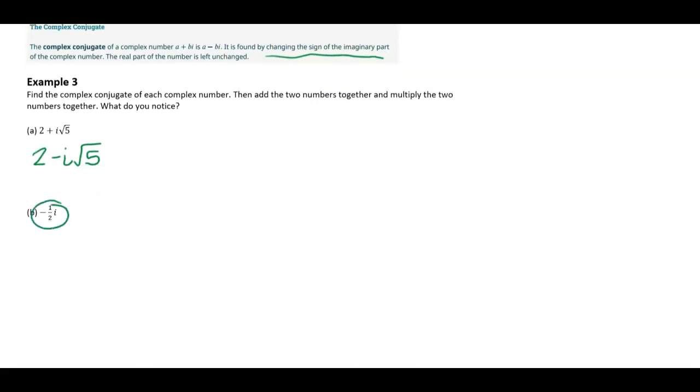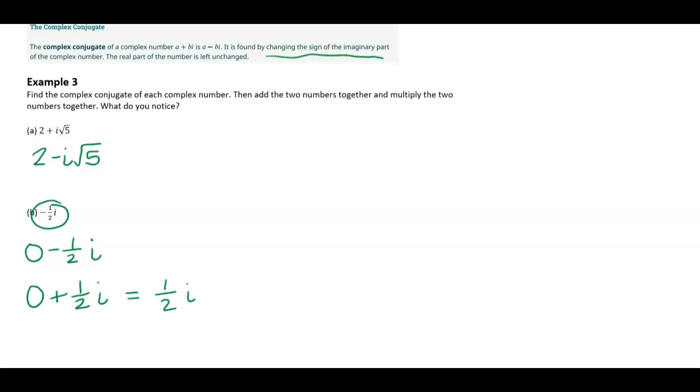In B, I might want to rewrite with the 0 in place of my real component so that I can then say my complex conjugate is just changing the sign of the imaginary part, or just 1/2 i.